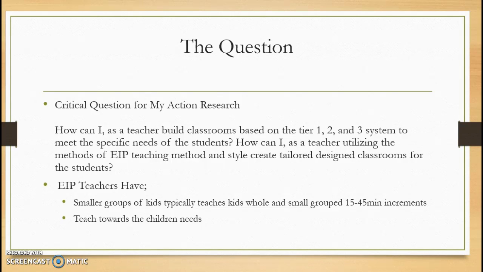Typically, EIP teachers will gather students in the beginning of the year, and they will gather the data on things that students need in reading, whether it's first sound fluency, letter naming fluency, segmentation, syllabication, and also whole word fluency.